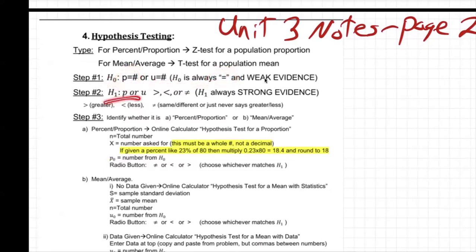And H1 is again going to be P, not U. U, really mu, is for average questions, which this is not. This is a percentage question. It's going to be greater, less, or not equal. And H1 is always strong evidence. We'll get to that in a minute. So H1 is greater, less, or not equal, and H0 is equal.